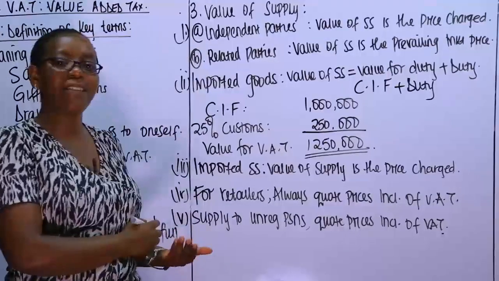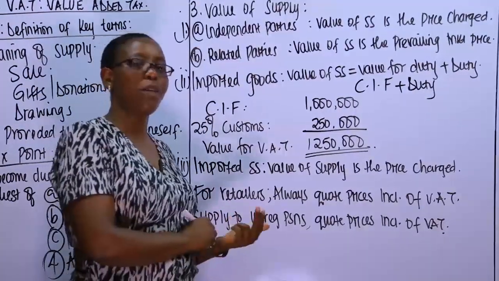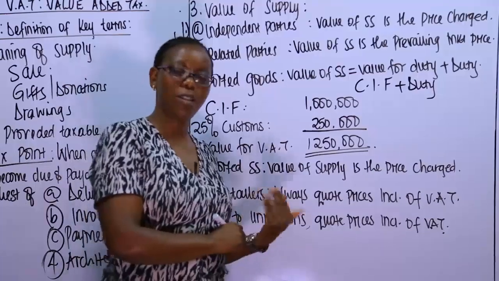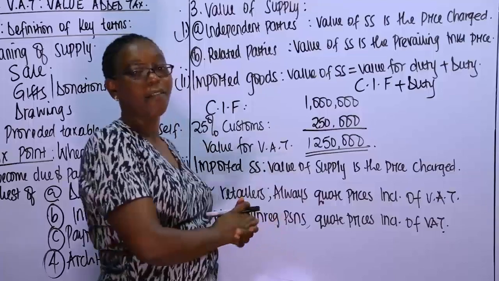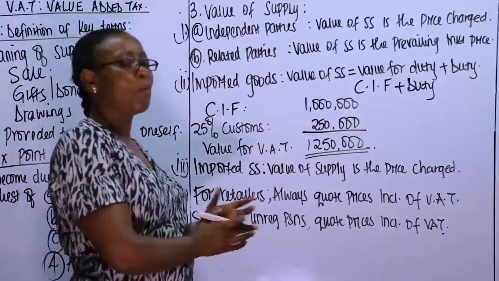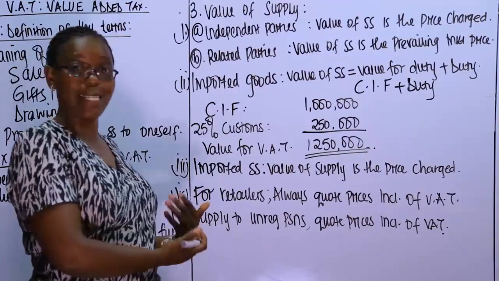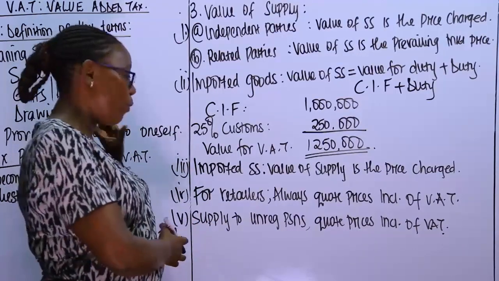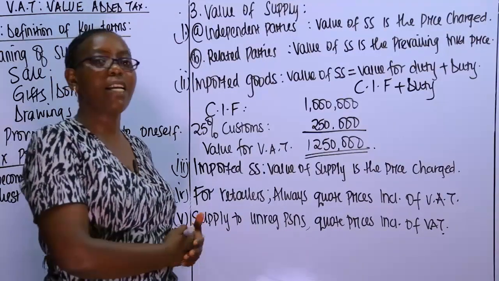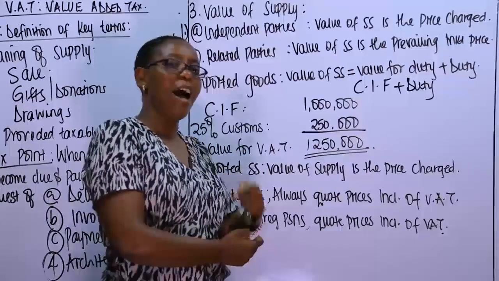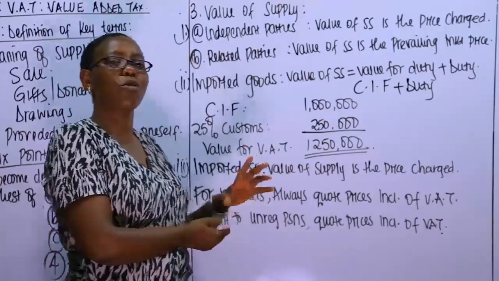Then other unregistered persons would be like in our previous lesson where we said you could be deregistered because you did not meet the threshold turnover, or the commissioner felt that you're not complying with the laws and regulations that have been provided, so you get unregistered. The proof of registration, remember we said, is that the person can provide a valid registration certificate.